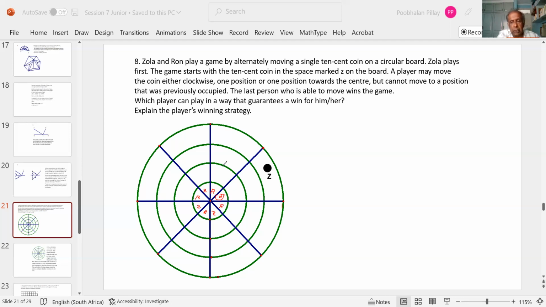So what does Zola do? She tries to avoid moving to the center. Well, actually, she can move toward the center. Suppose in this case here, Zola can move here.